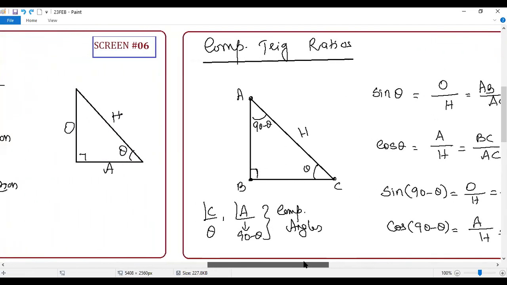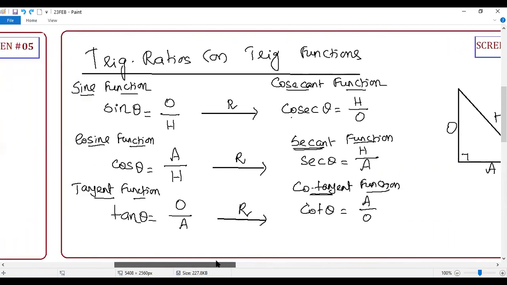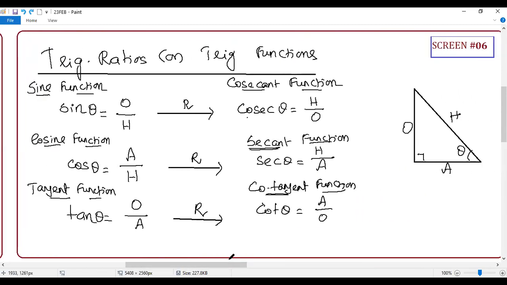But I'm going to give you a beautiful relation, student. You see the name? Sine, cosine. What is the word? CO. Sec, cosec, secant, cosecant, tangent, cotangent.